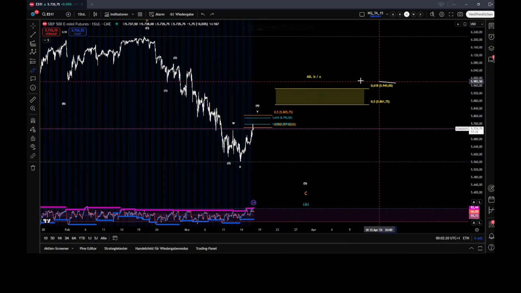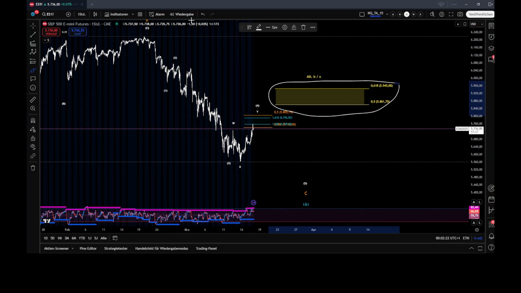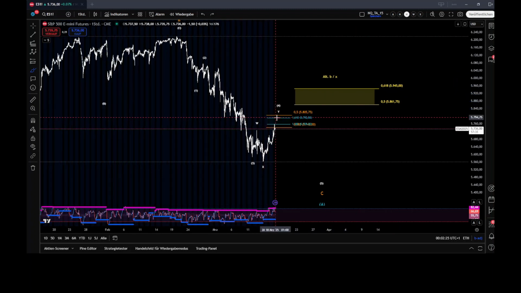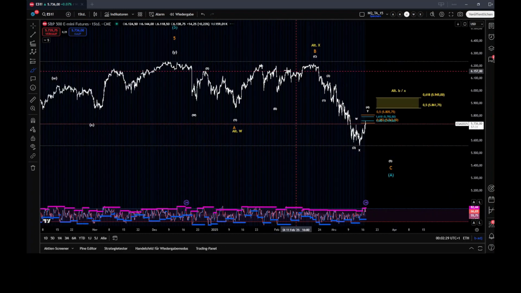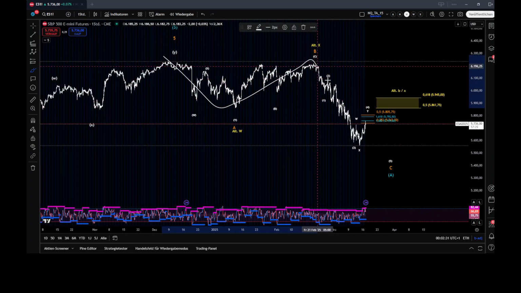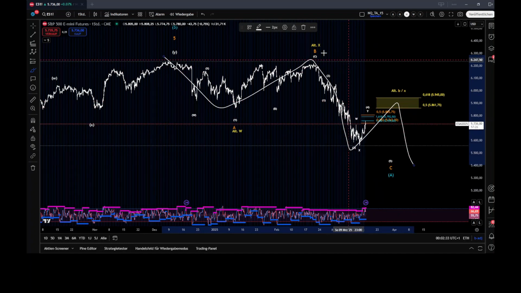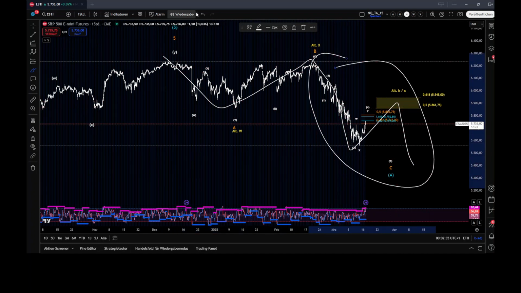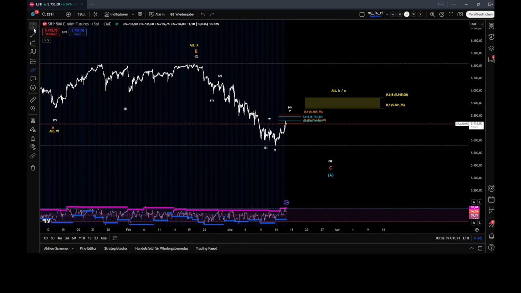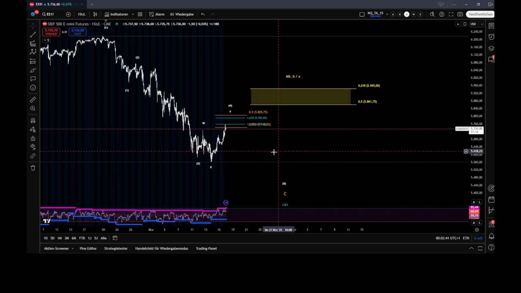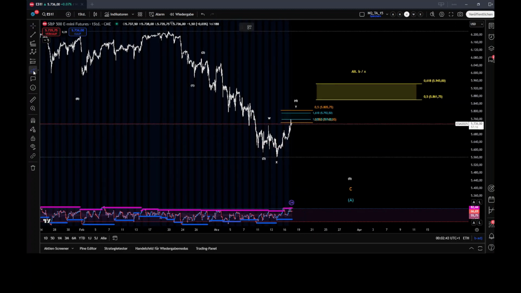In the yellow scenario, the price could move higher, and that would be a B wave or an X wave, and this would then be labeled as a WXY structure, where the Y wave in itself is a 3-wave move. But until we have that confirmation, we have to give the market the space to let it decide what it wants to do.